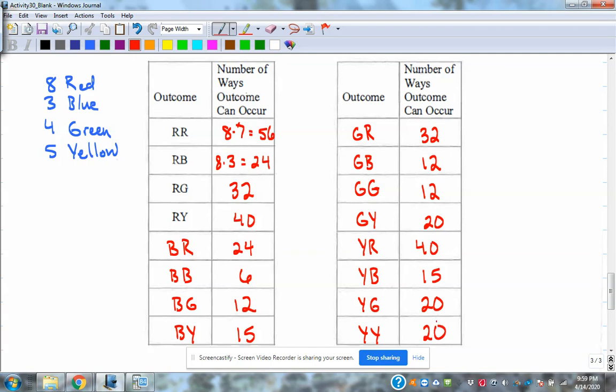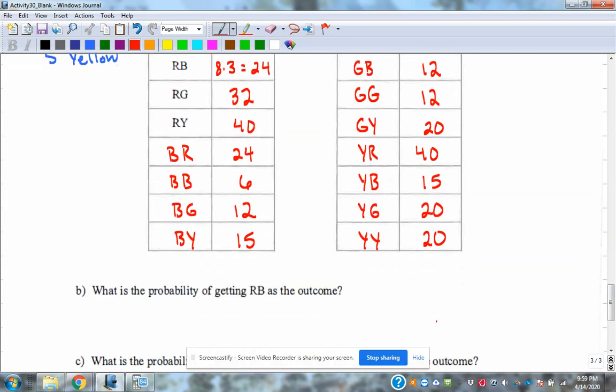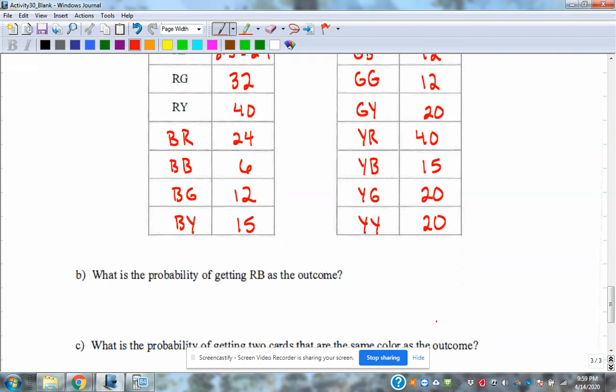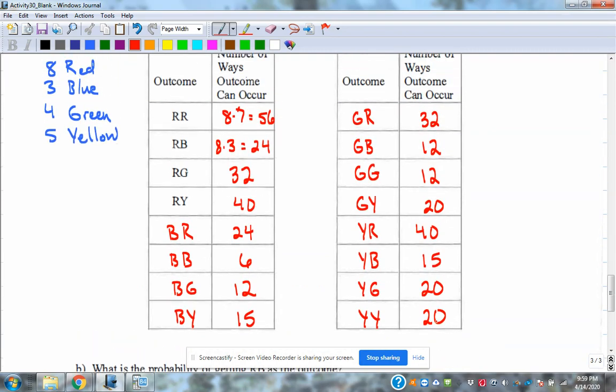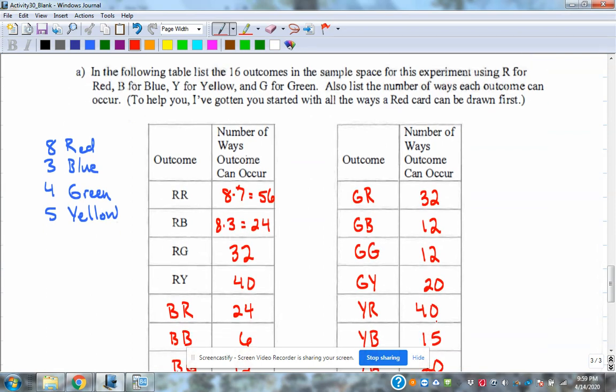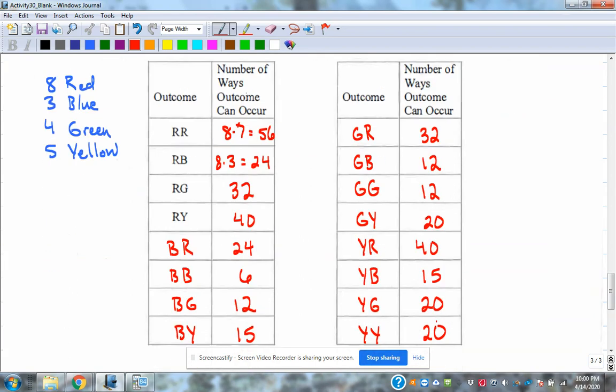Okay, we've got our data set here, sample space to deal with. What's the probability of getting red, blue as an outcome? So how many different 2-card hands are there? Well, there are 20 cards to begin with.